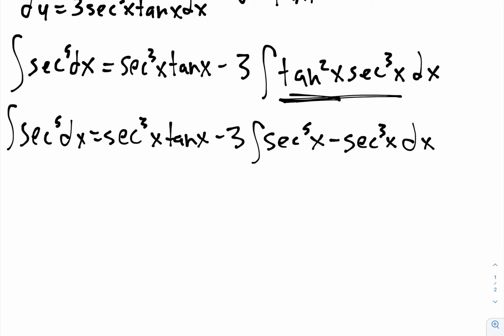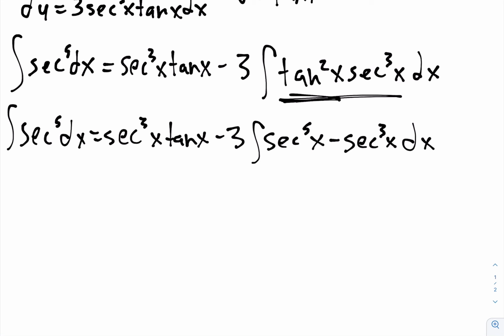Now let's see here. We're taking the integral of this entire inside section. That's our integrand. So since there's a minus sign between the secant to the fifth and secant to the third, we can split those integrals in two. I'm not going to write it all out again.